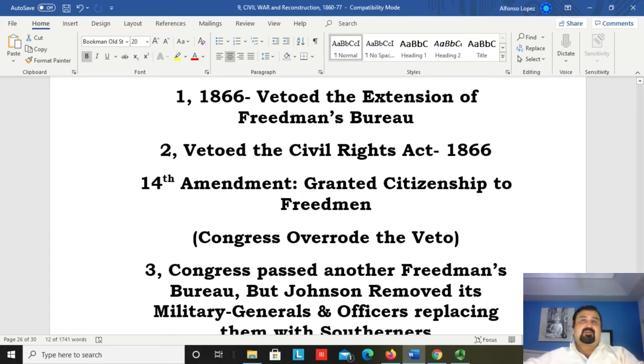For example, the 14th Amendment. They said, well, we're going to actually amend the Constitution. We already abolished slavery in the 13th Amendment, but in the 14th Amendment, we're going to grant citizenship to all the freedmen. This is an amendment that said that all persons born in the United States or in any of the territories of the United States, regardless of race and color, are citizens of the nation.